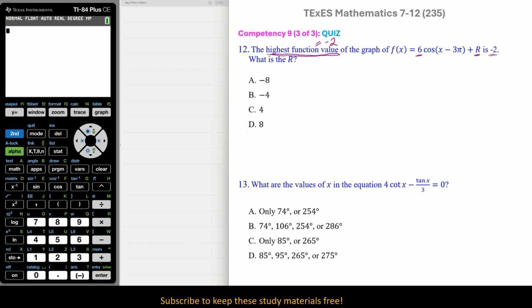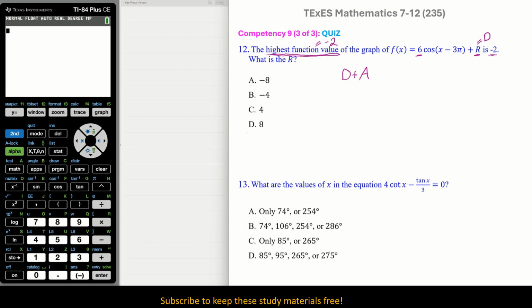Okay, so how do we get that? We know that that is going to be d, but in this case, d equals r. So that would be d plus a, because this is the highest value. You go from that midline d and add.